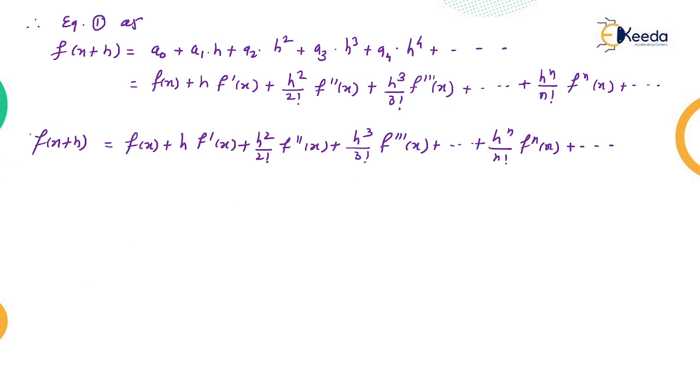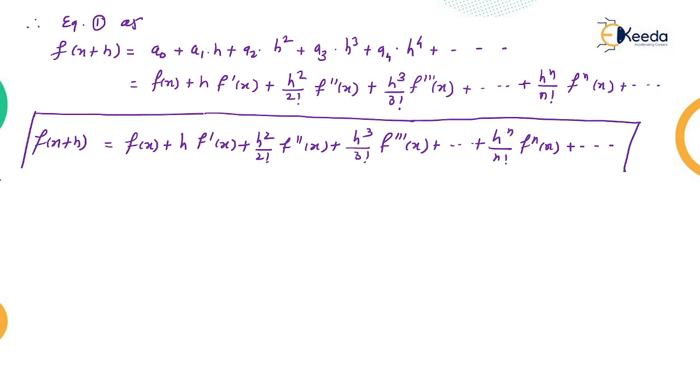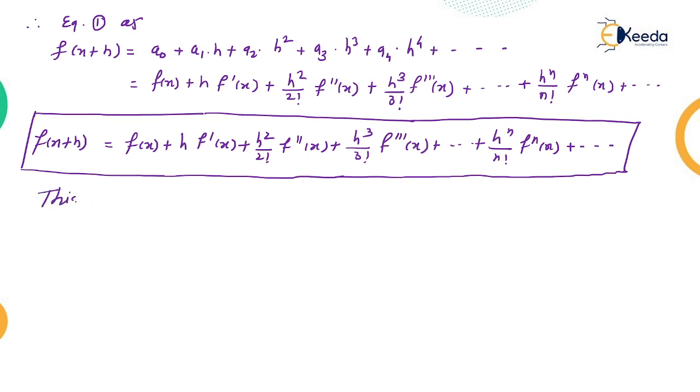In this way we get the Taylor series expansion of f of x plus h in ascending powers of h. So this is known as Taylor's series.